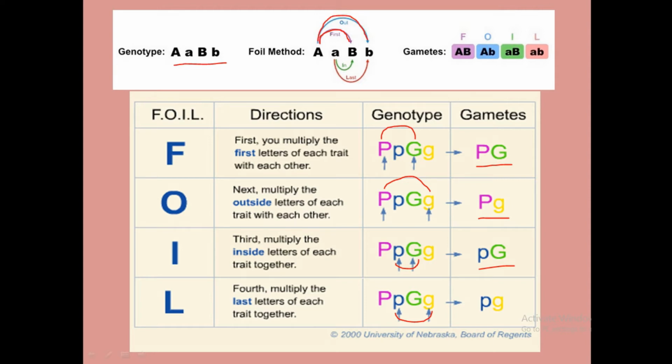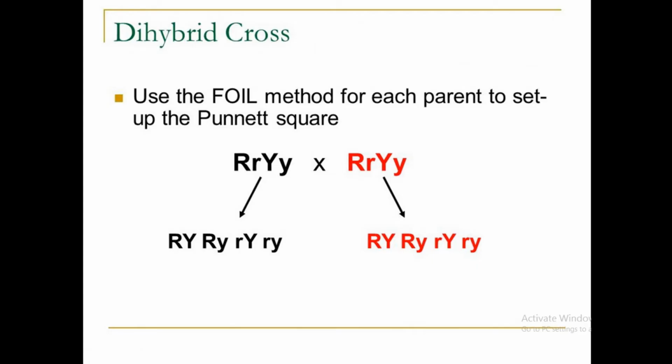Now I means inside, small a and capital B. Now last, small a and small b, the last letter of each trait. Okay. So we got the gametes capital A capital B, capital A small b, small a capital B, and small a small b.